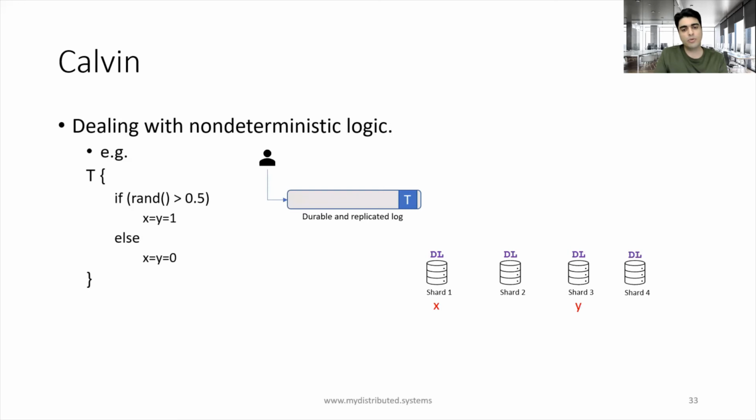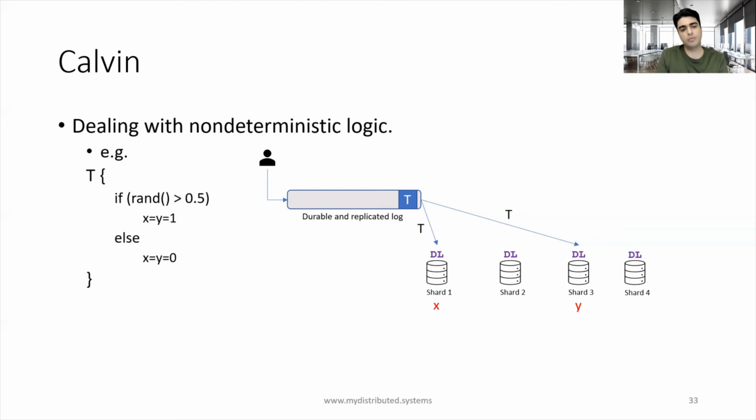Now suppose we add the transaction to our durable log. Again, y and x are hosted by two different shards. When we send this transaction to these shards, each of them will execute the logic of the transaction independently, right? So it is quite likely that these two shards may end up with a different random value.